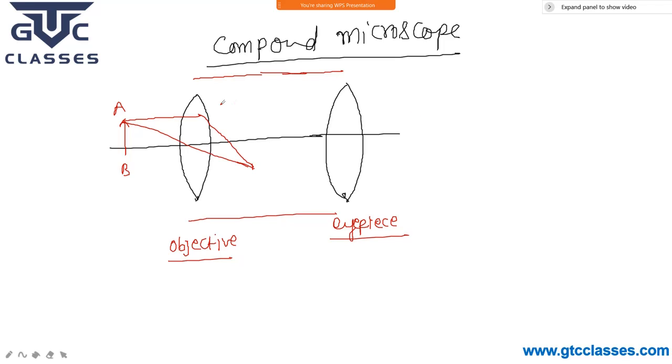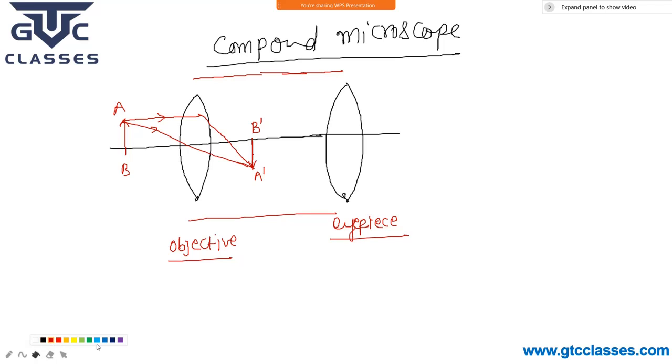Now if you talk about this lens, all the rays coming are making the image here. It's an inverted image, a real image actually. You can put a screen and capture that. Let's say this is AB, you will get A dash B dash. Now this image behaves like an object for this lens.